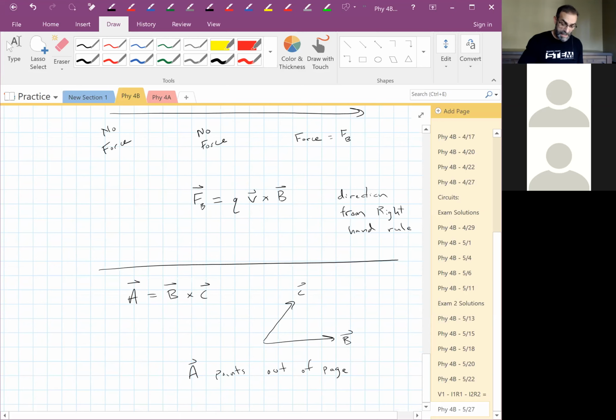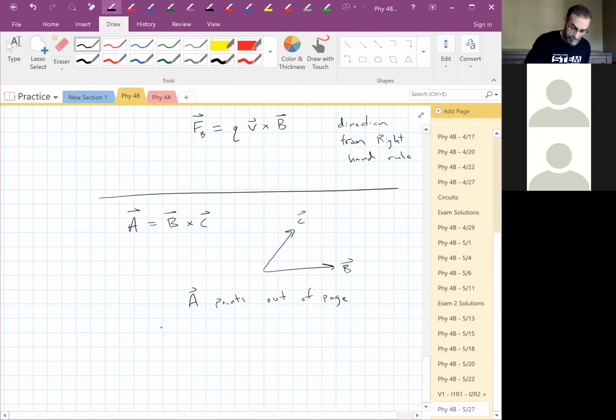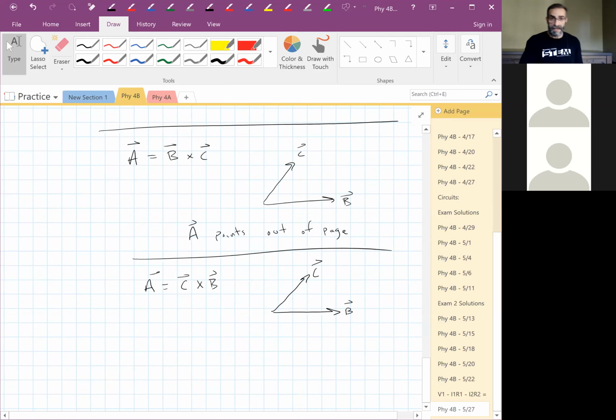That means that if I switch the order, what do I get? A is equal to C cross B, using the same C and the same B. I put my fingers in the direction of C, roll them toward B, and my thumb is pointing toward me this time, or away from the camera.